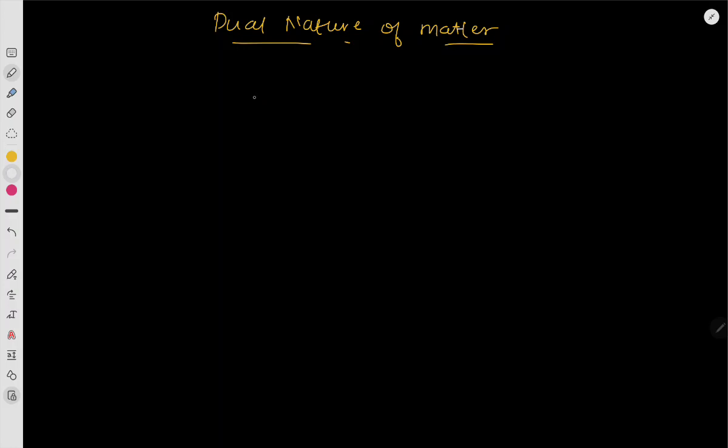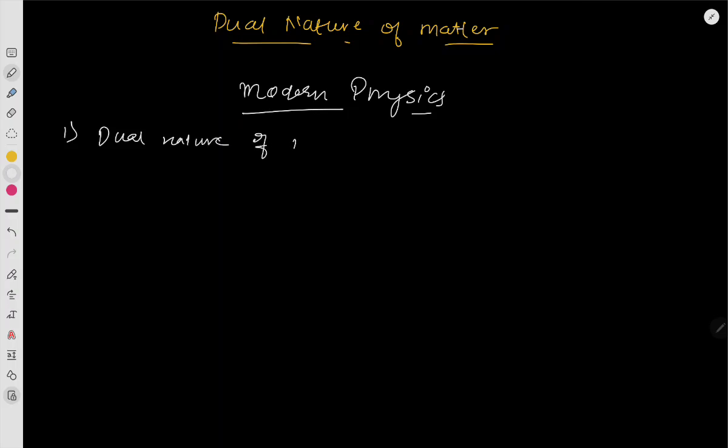So, first things first, let us understand modern physics. This is one of my favorite topics. The things in modern physics are the dual nature of matter. The second one is the atomic structure, that is also called atoms.